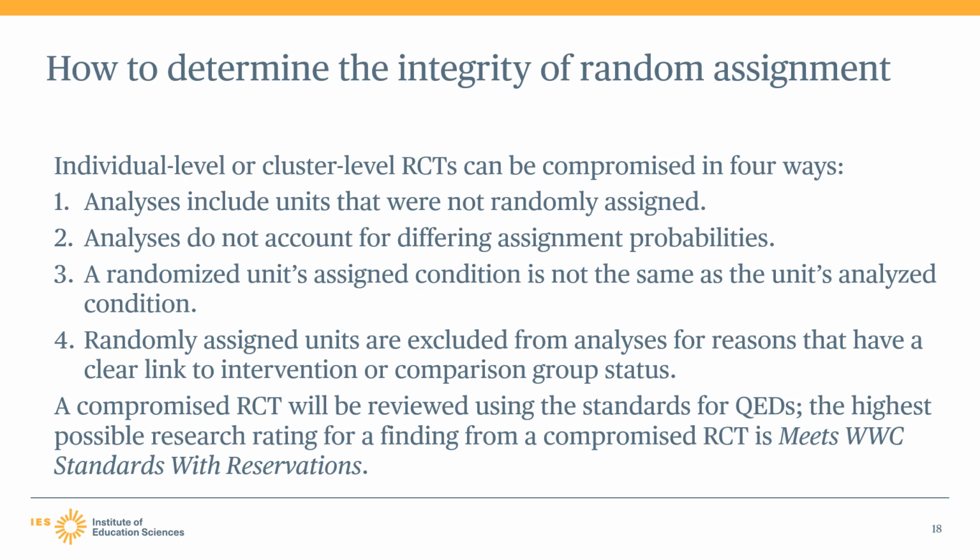In general, the WWC prefers estimates of program effects from an intent to treat analysis, which means that the researchers use the participant's assignment to a condition as the independent variable, regardless of whether participants actually remained in that condition. The fourth way that random assignment can be compromised is if analyses exclude units randomly assigned based on reasons with a clear link to intervention or comparison group status.